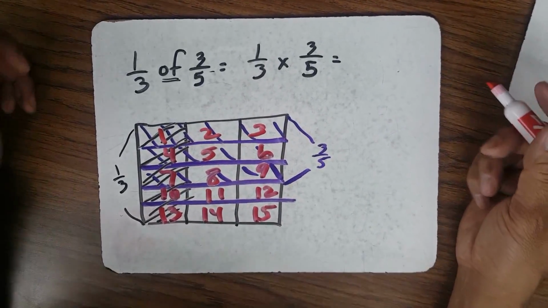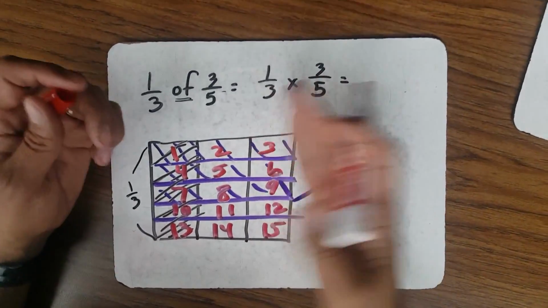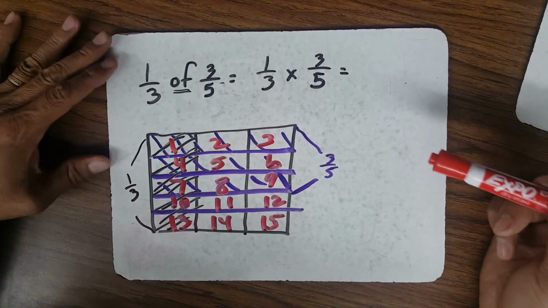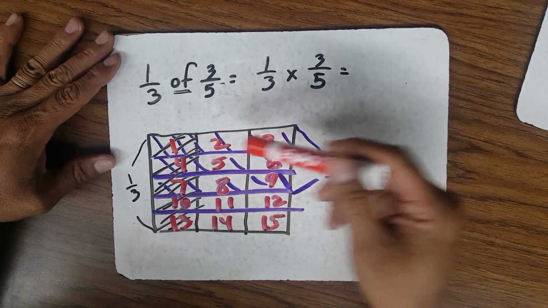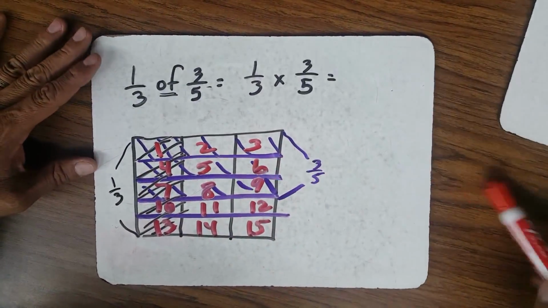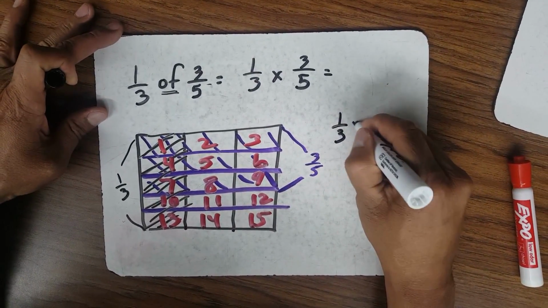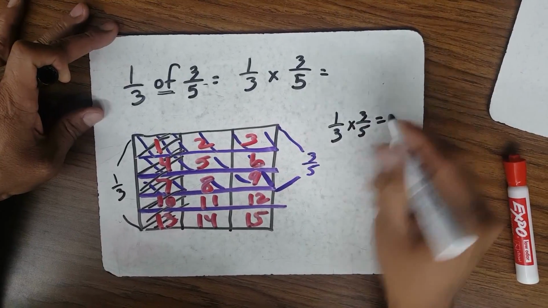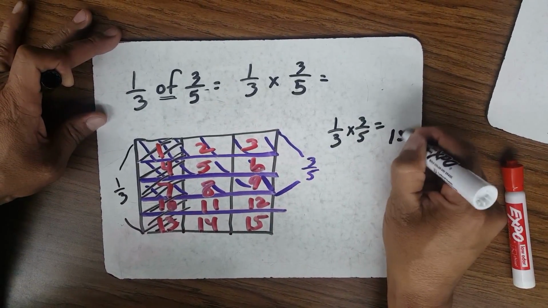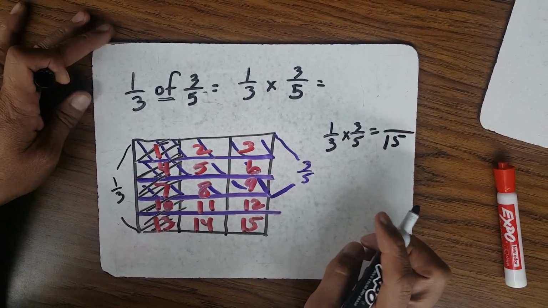This is where kids sometimes get confused. We're counting the whole total, which is correct. This is how it would look. 1/3 times 3/5. We're counting the whole total, so we're getting 15 as our denominator.